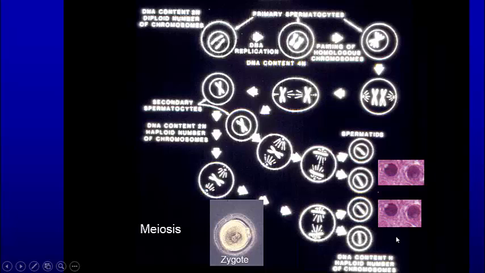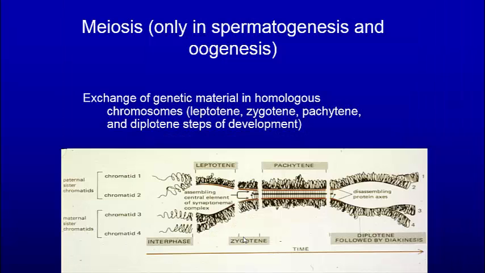Four cells are produced at the end of meiosis in the ovary, where only one would be fertilized if it occurs, giving a fertilized zygote. Meiosis only occurs in oogenesis and spermatogenesis. Papa duplicates the chromosomes, Mama duplicates her chromosomes, they go together and cross over during zygotene and pachytene, and then the first meiotic division pulls Papa from Mama.